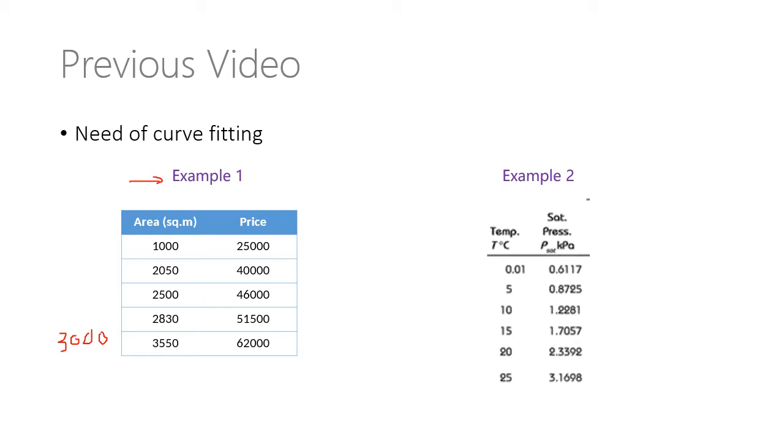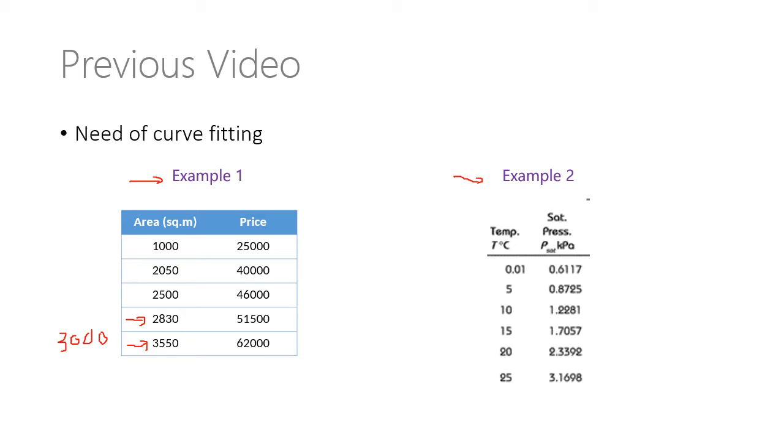However, the data was not available exactly for the area of 3000 square meters, but it was available for 2830 and 3550 square meters.